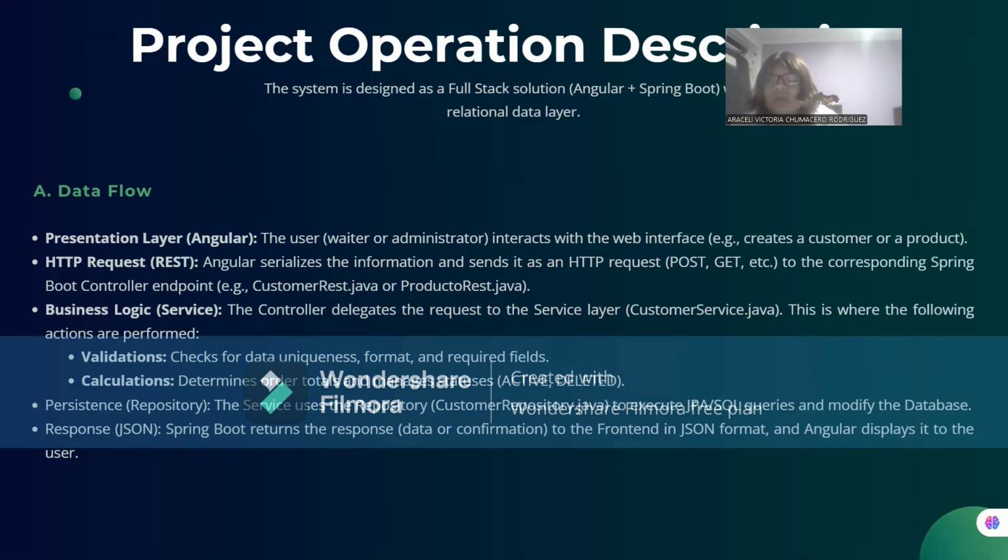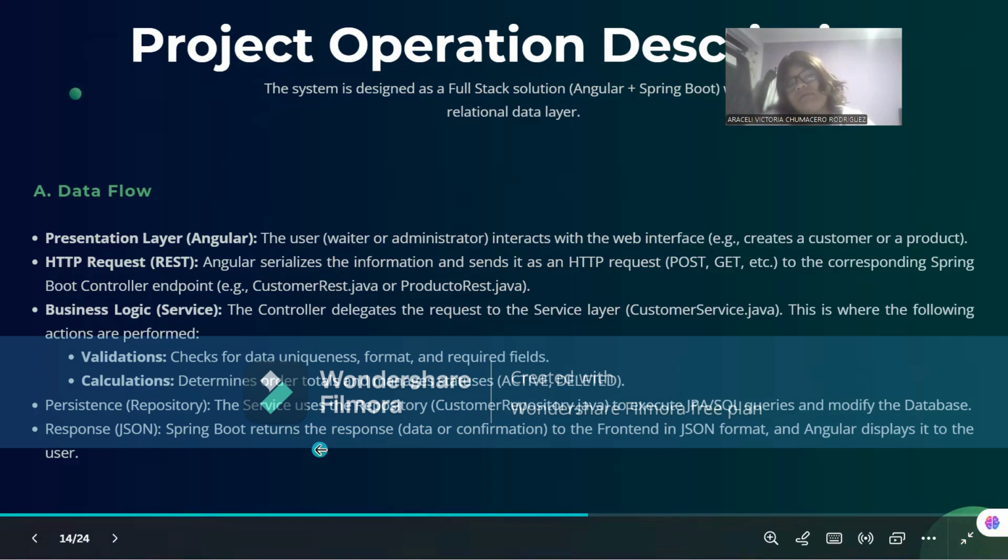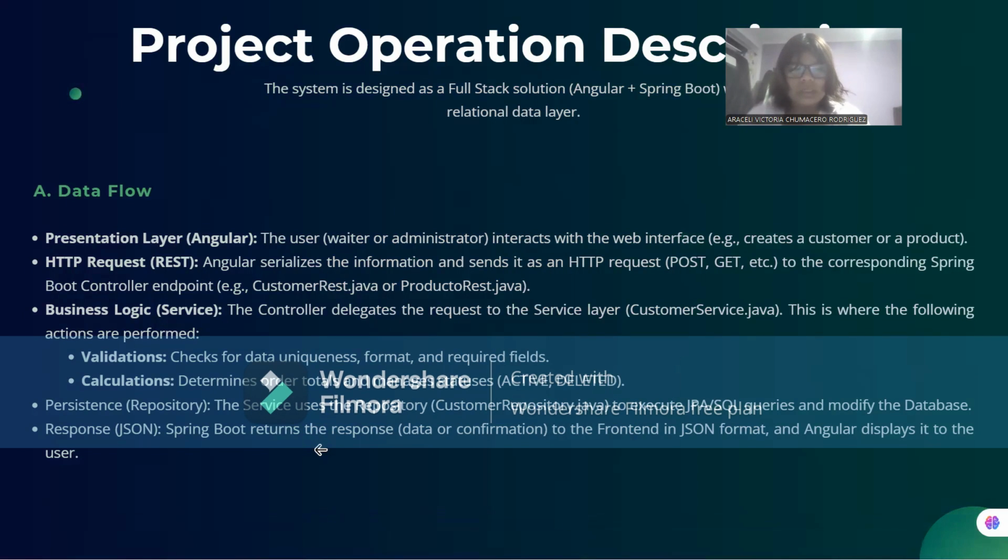This is where we perform validation, check the data, calculate the total, and manage the status, active or deleted. It persists in the repository, CustomerRepository.java, which executes Java SQL queries to modify the database.